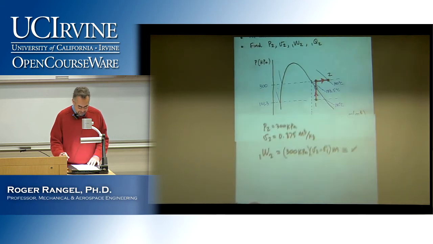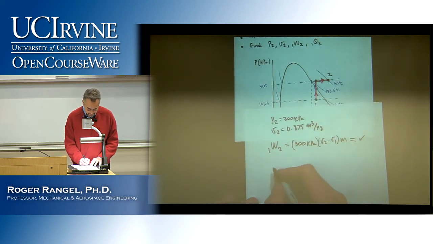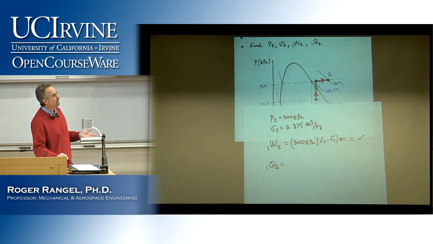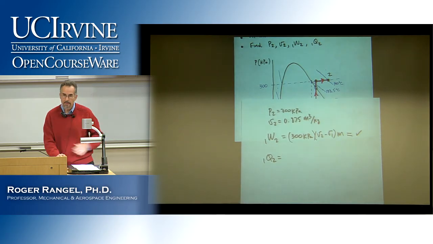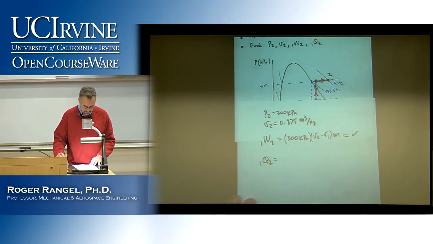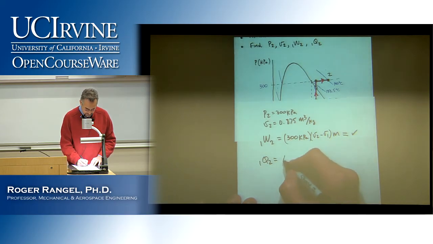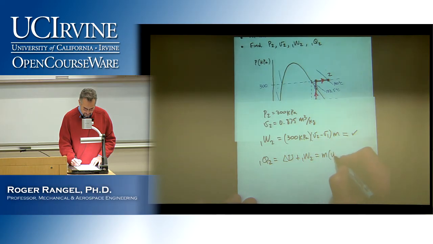And then the heat transfer, Q12. Again, first law. So we always do the first law last. Following the other two problems, it is a similar result. So this will be delta U plus W12. The delta U is m times U2 minus U1, plus W12.